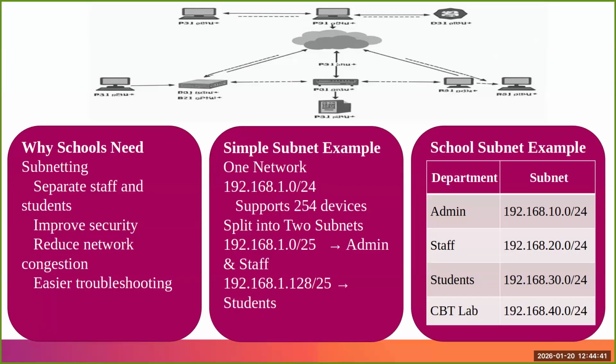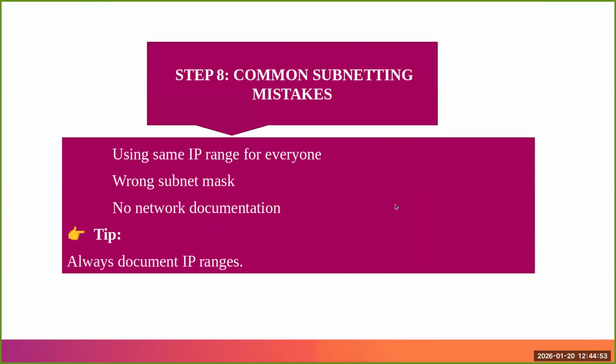If you want every port of the router to be a separate subnet, you must make sure that the IP addresses, the subnets, are all different. Hope that is understood. So that's what we mean by using the same IP range for everyone.